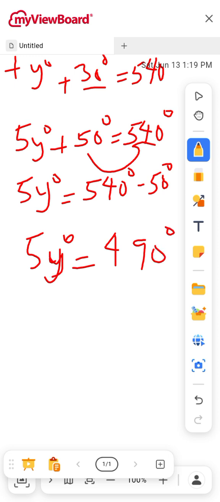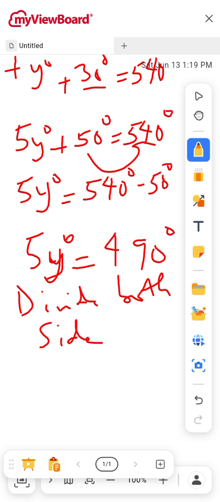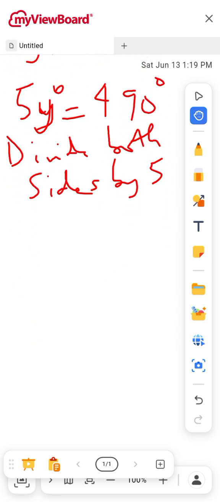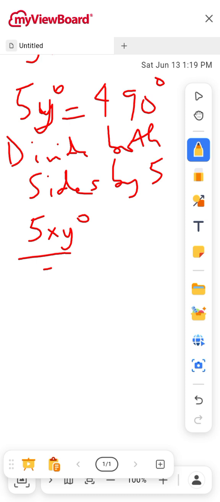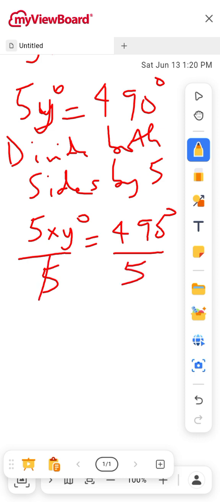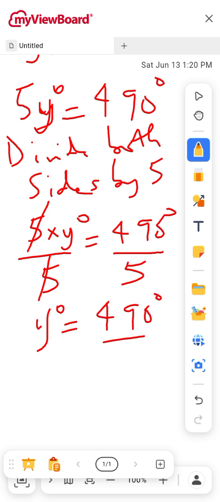And we are looking for y. This type of equation, we divide both sides by the coefficient of y. Divide both sides by 5. So what do we have? We have 5 multiplied by y over 5 equals 490 degrees over 5. So 5 cancels 5. y degrees equals 490 degrees over 5.